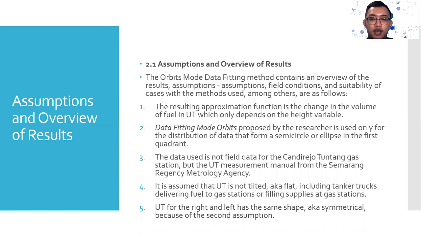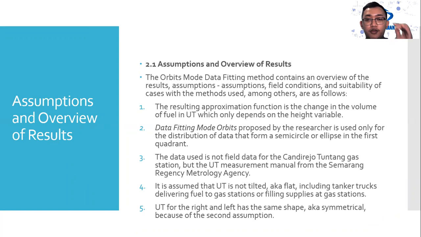And I will explain the disadvantages and advantages of this data fitting method. One, the resultant approximation function is the change in the volume of fuel in the underground tank, which only depends on the height variable.